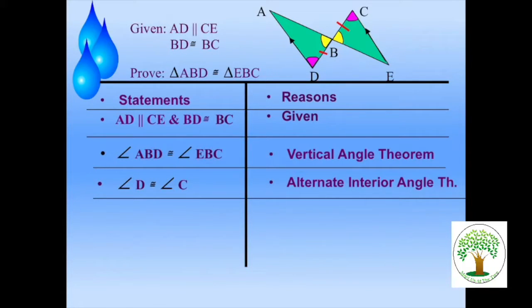So now we have our triangle, and the reason was angle, side, angle. If you state angle, side, angle, you have to have an angle, an included side, and another angle to be able to state that at the end. So you have almost your steps written out for you.